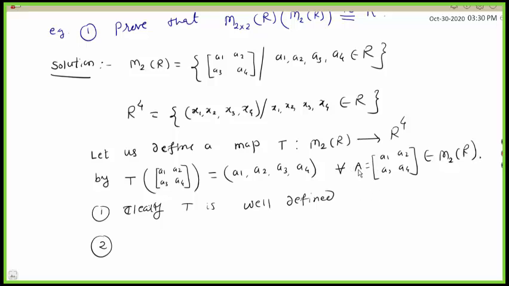When you take A and B two matrices, then T of A plus B is T of A plus T of B, by the definition of addition of quadruples and matrices. Similarly, T of alpha A is equal to alpha into T of A. So obviously this T is linear, or you verify yourself.